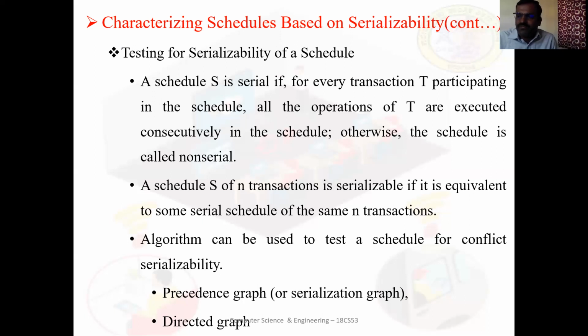Such an edge from node Tj to node Tk is created by the algorithm if a pair of conflicting operations exist in Tj and Tk, and the conflicting operation in Tj appears in the schedule before the conflicting operation in Tk.